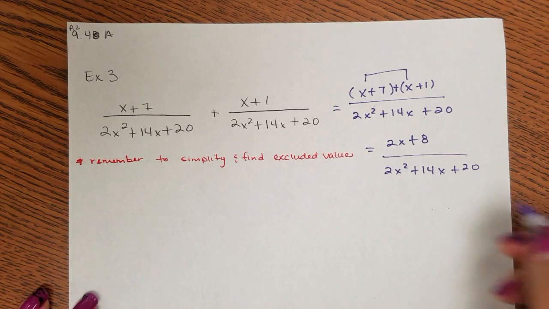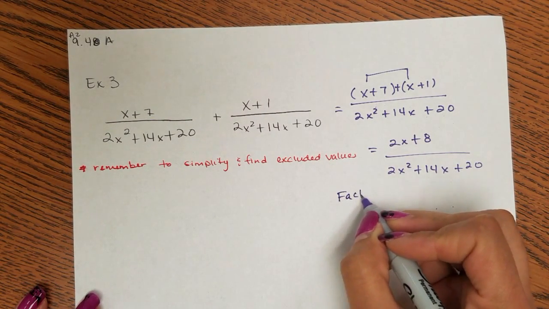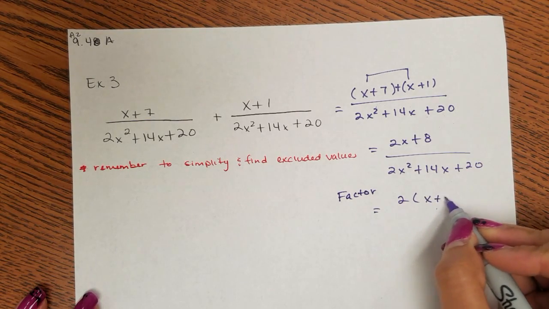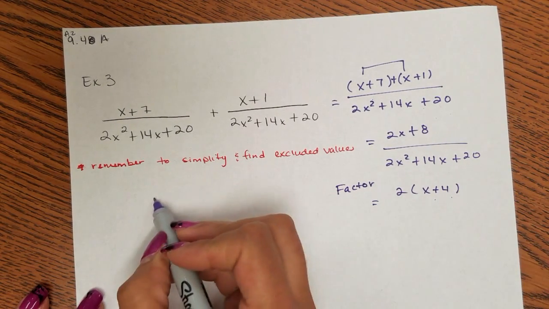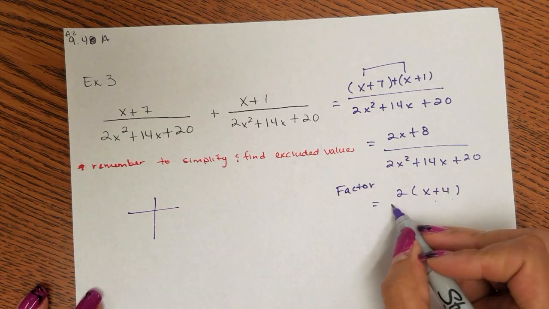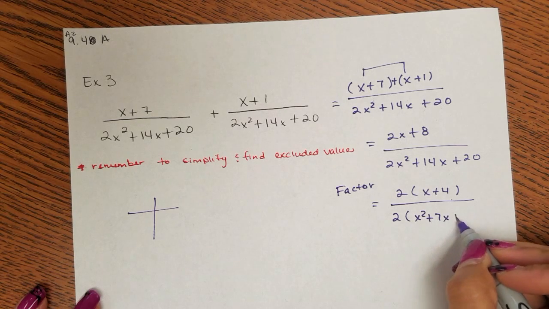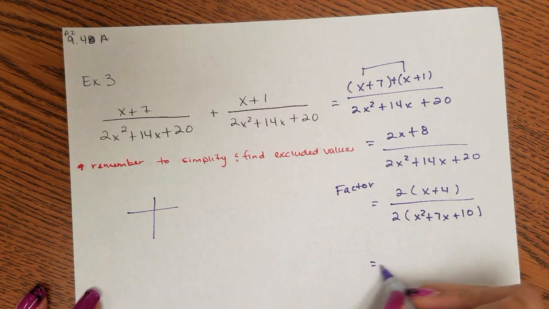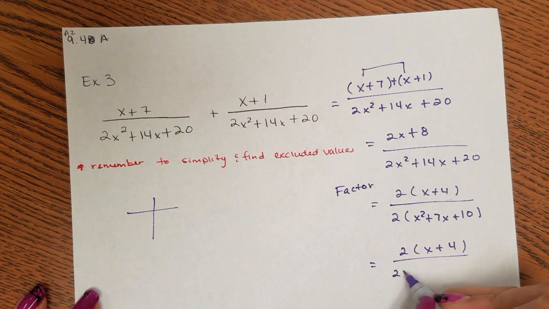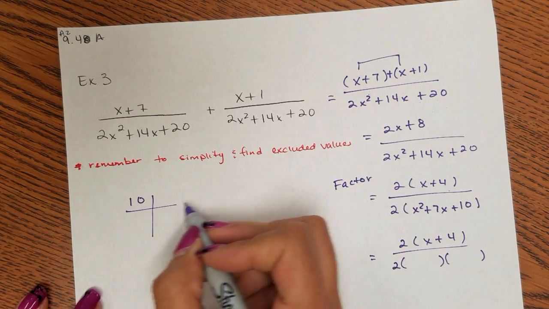And we need to find, now we're going to want to factor so that we can simplify. So the numerator, we can pull out a 2, x plus 4 here. Then you're going to want to do your t-chart. So we can actually pull out a 2 there, so that we have x squared plus 7x plus 10. Okay. And then we're going to have our factors here. So we have 1 times 10 is 10.